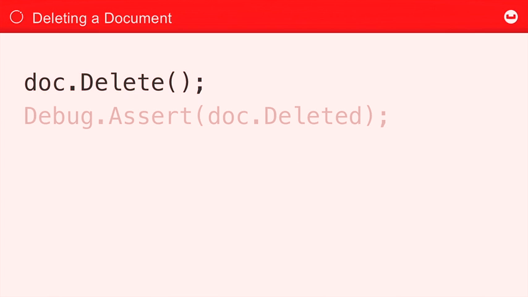Now you'll notice real quick on deleted, the way we find out if the document has been deleted is to check the deleted property. And that's important because when you're dealing with sync, you don't want to actually delete the records, because what will end up happening is the next time you sync, that deleted record is going to come right back again.